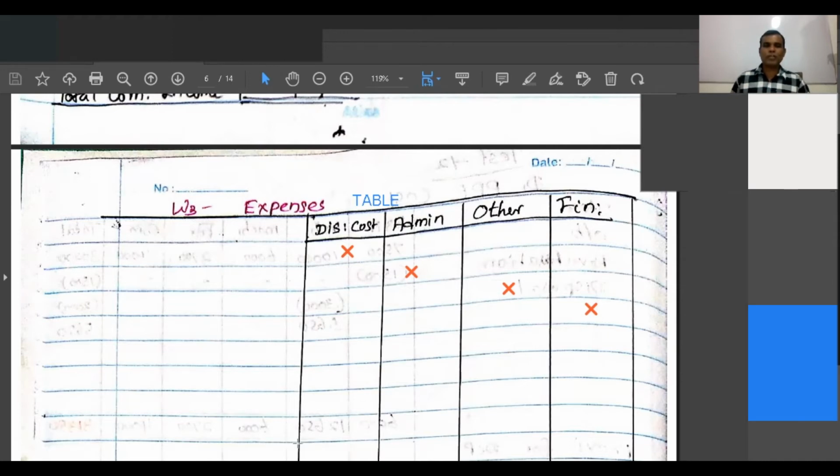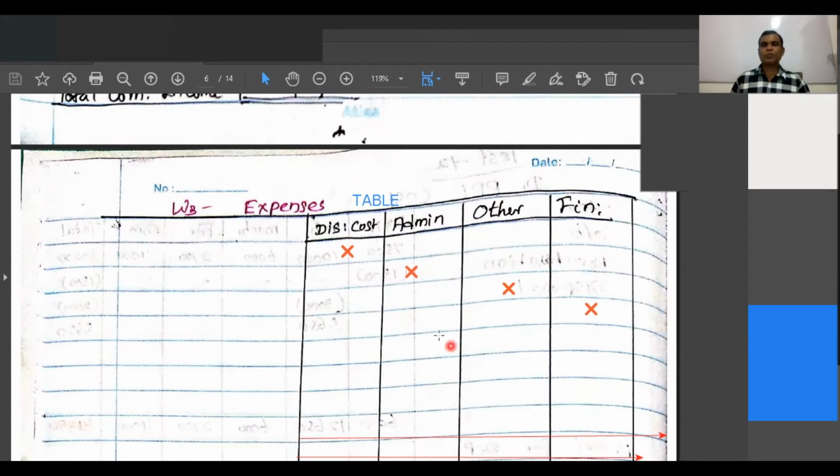And then you have to calculate the total here. You can take at least 10 lines downward, 10 or 12 lines, because there are a number of expenses in the sum. Now, total of distribution expenses, total of administrative expenses, total of other expenses, total of financial expenses.